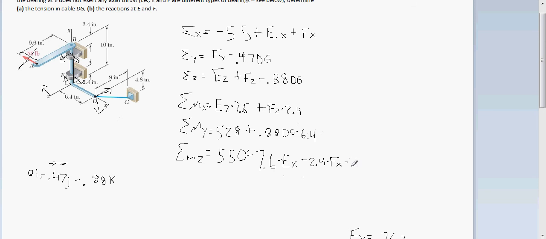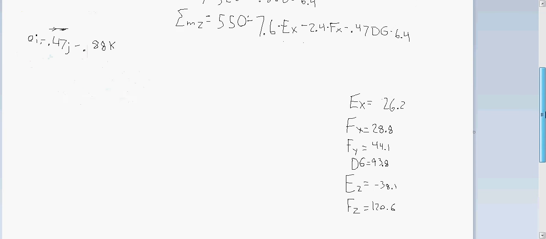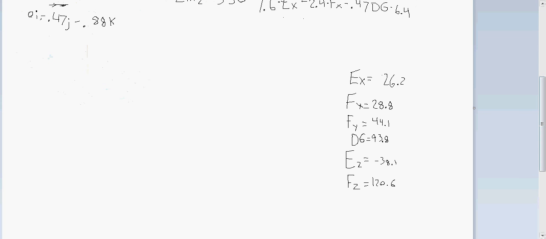So negative 0.47 DG times 6.4, and if we plug that into the calculator, we should get these.